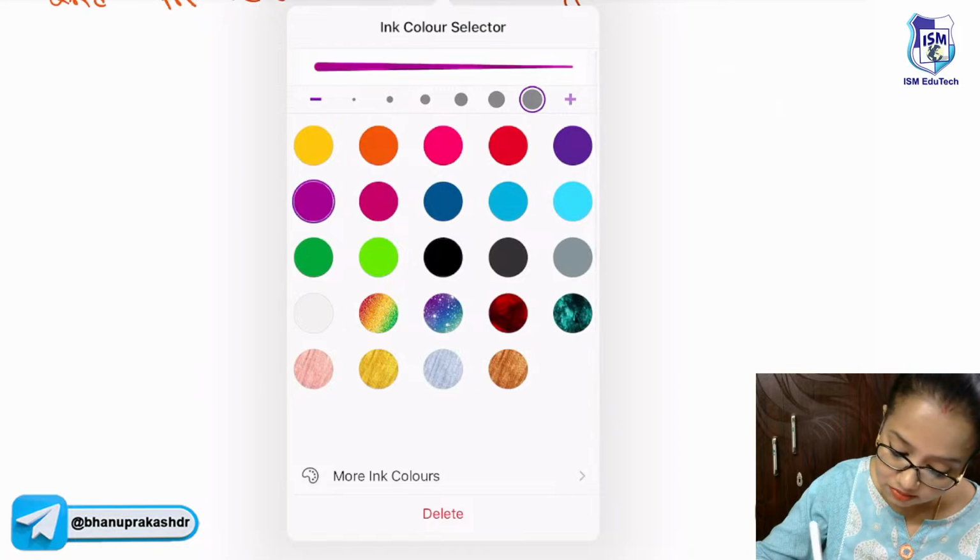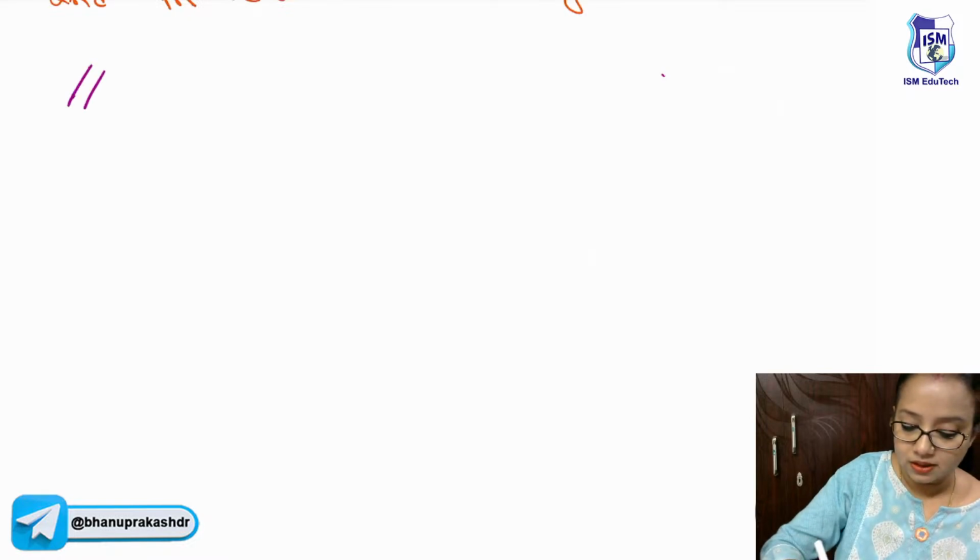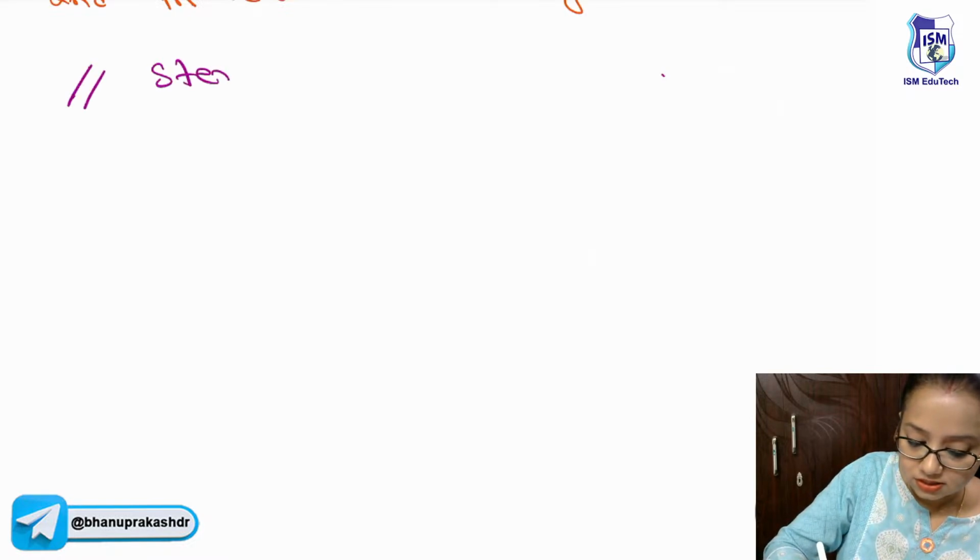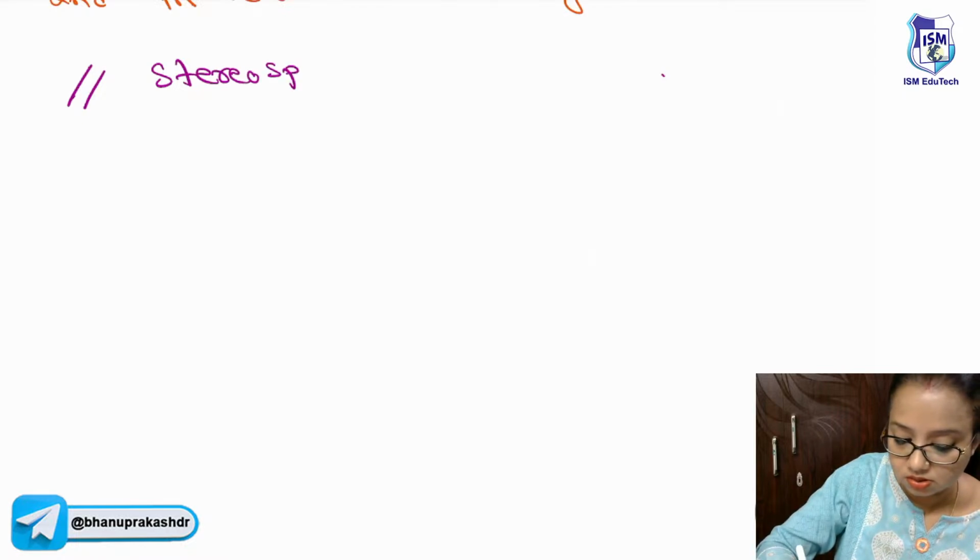Now, what is the other point that limits the facilitated transportation? The second one is the stereospecificity.